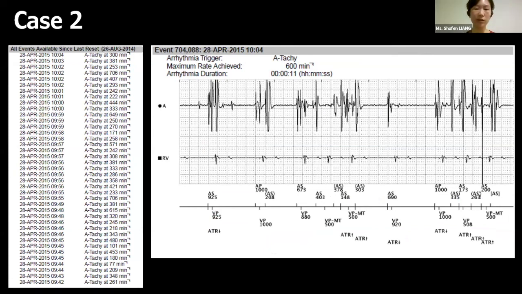When we look at the events, you can see the rates are super fast, which is totally not physiological. Even if it's atrial fibrillation, it should be about 200. This is 700 beats per minute. Look at the electrograms, something is not quite right here. So low impedance and noise on the lead.